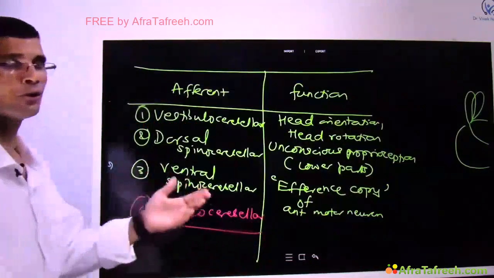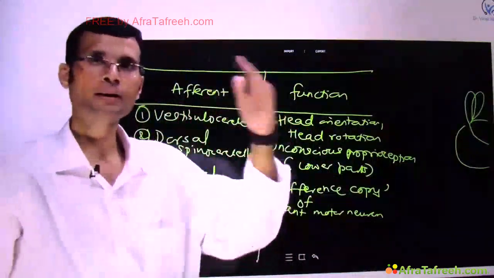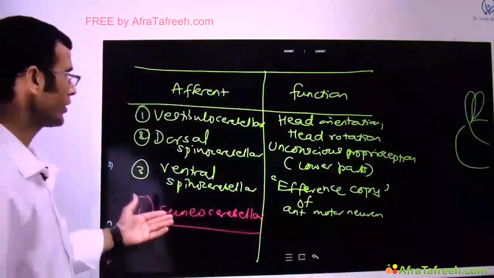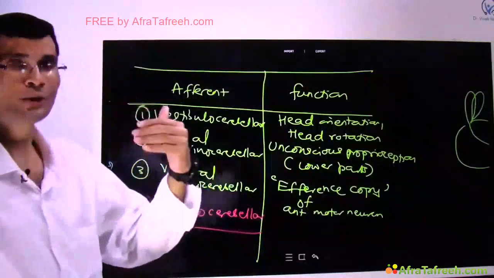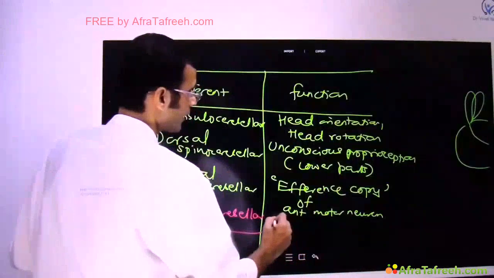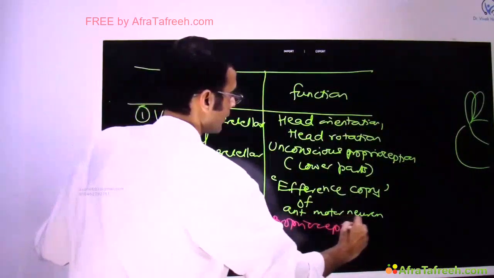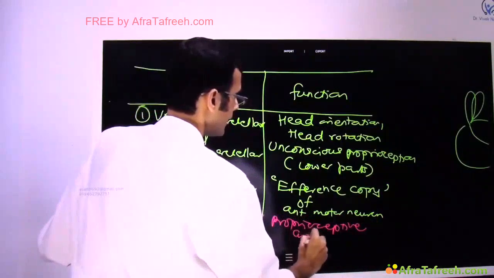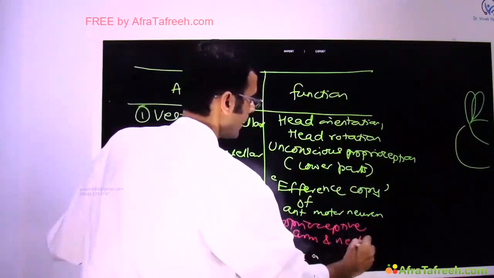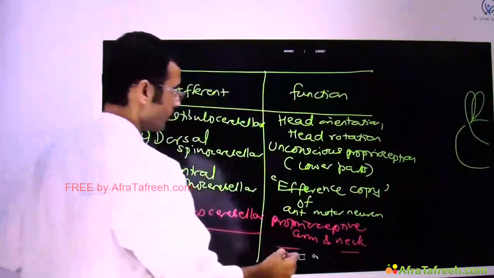Remember the fasciculus cuneatus, fine touch from the upper limb was carried by the fasciculus cuneatus. So cuneo is related to the upper limb, and therefore the cuneo-cerebellar tract carries proprioceptive impulses from the arm and neck, upper limb and neck portion.